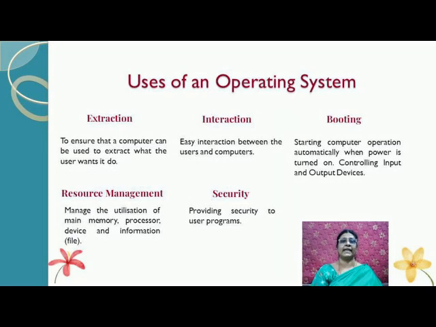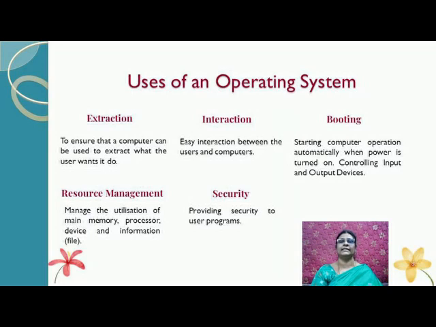Now let me explain the uses of an operating system. The first one is extraction. In a computer, we can store a lot of information. The operating system helps us to extract the desired information in a desired format. Second one, interaction. As I mentioned earlier, it provides a very good user-friendly interface so that we can easily access the hardware. Third one is booting.